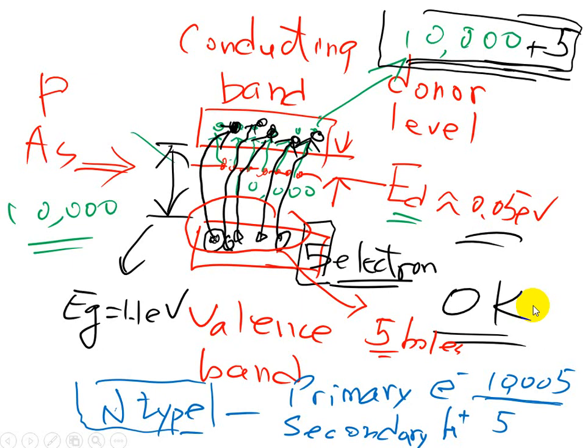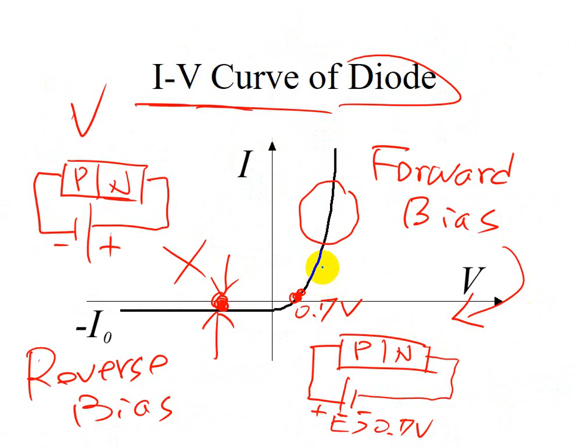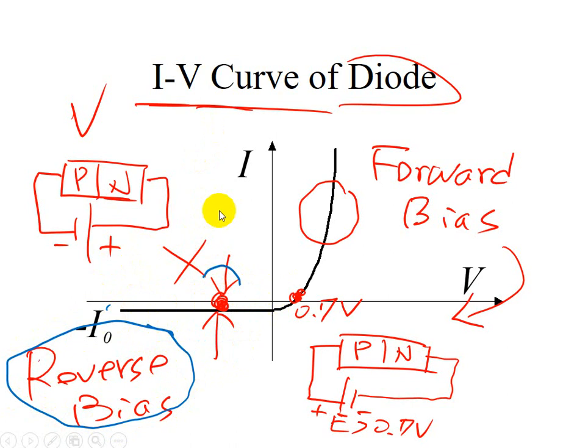So that's coming back to here. You can see over here a very small amount of current going through at the reverse bias, because the secondary charge particle always exists. Secondary charge particle always exists.